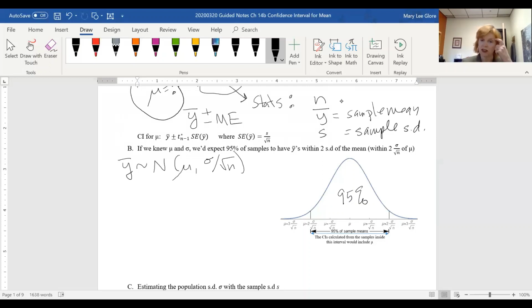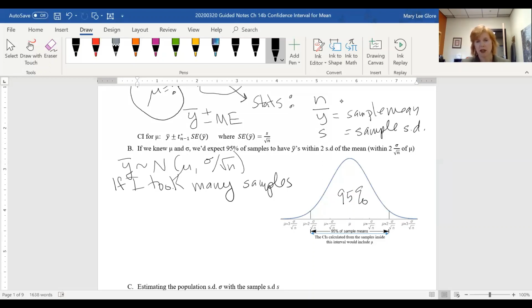So this, again, is if I were to take many samples of the same size, 95% of the means that I get from those samples would be somewhere in here. So 95% of my Y bars would be in this range.